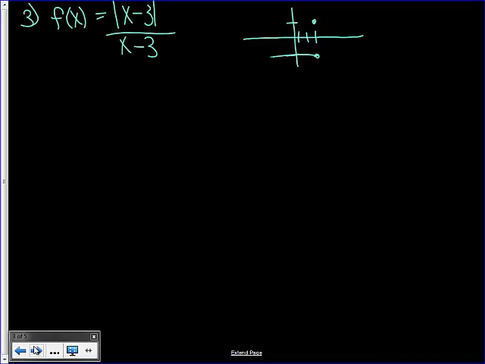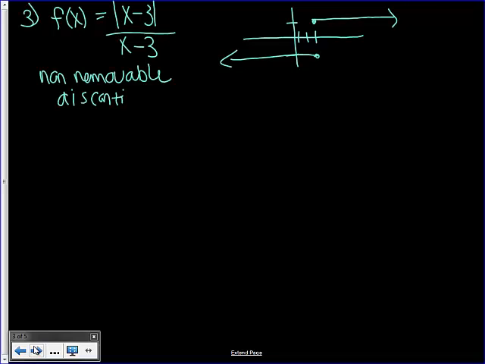On the negative side, it points in the negative direction. On the positive side, it points in the positive direction. So I have a non-removable discontinuity, and you tell me at x equaling 3. So when x is 3.